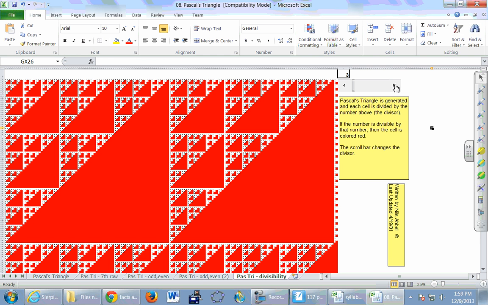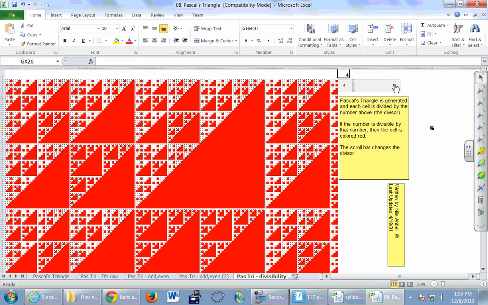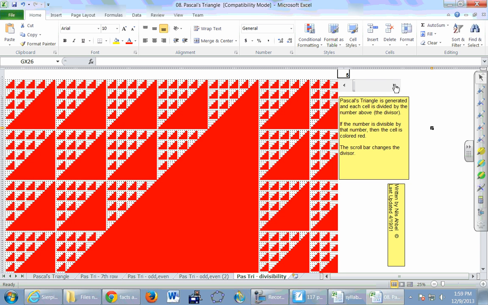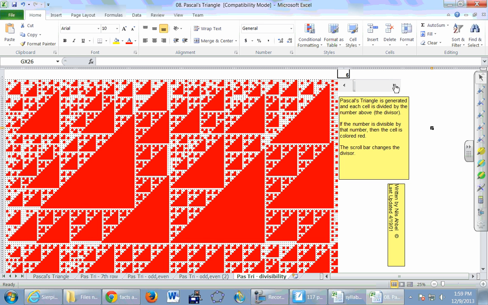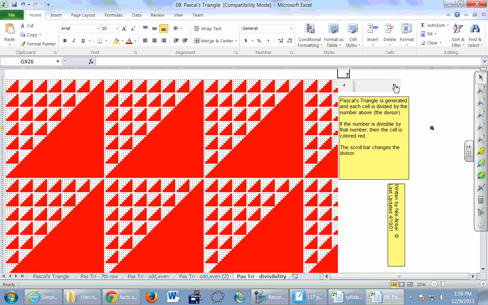All right, now we're going to look at the ones which are perfectly divisible by 4. We're going to make them red. Here they are. Here are the ones divisible by 5 and by 6. And there's this strange behavior that I don't know about. I don't know how much it's been studied, but there's something going on here, right? Like that's a really uniform distribution of all these triangles.